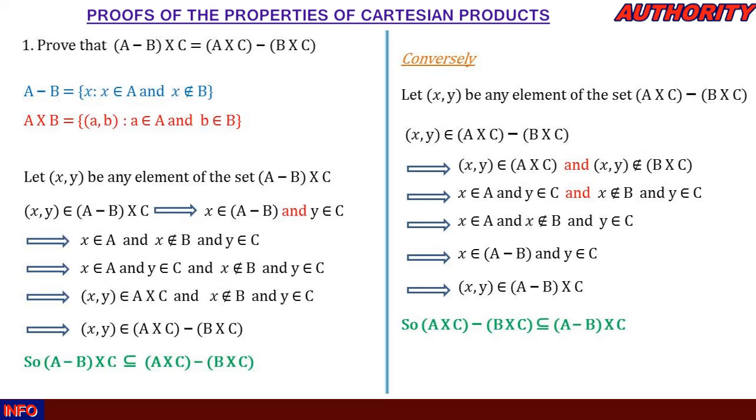So here, A difference B cross C is contained in A cross C difference B cross C, and A cross C difference B cross C is contained in A difference B cross C. Then we conclude that A difference B cross C is equal to A cross C difference B cross C. All right?